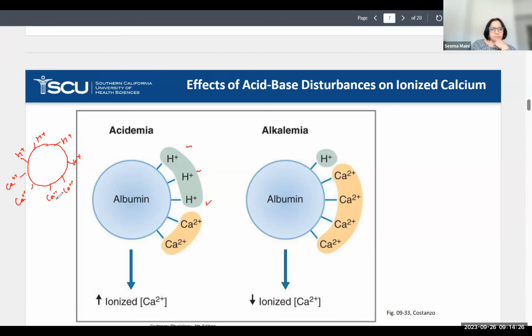In case of acidemia, what will happen? Acidemia means you have excess hydrogen ions in the body. Those excess hydrogen ions will replace calcium ions from the albumin, and there will be an increase in the ionized calcium.